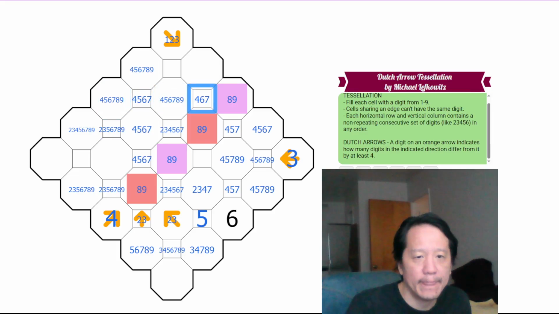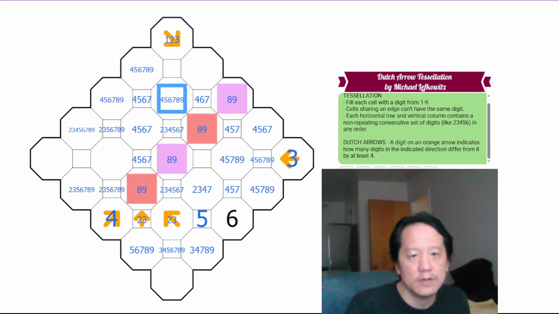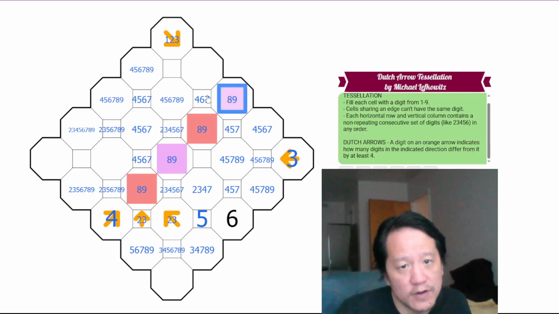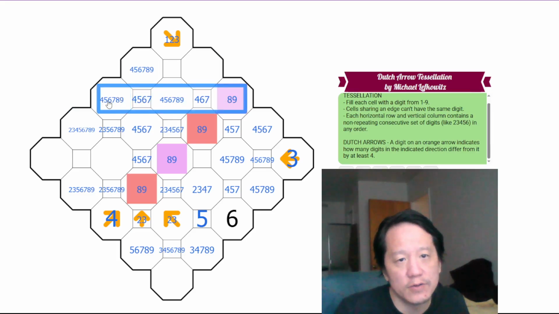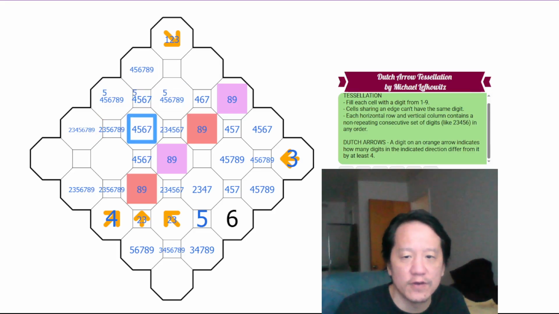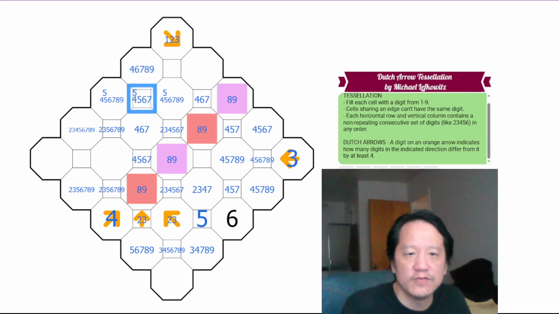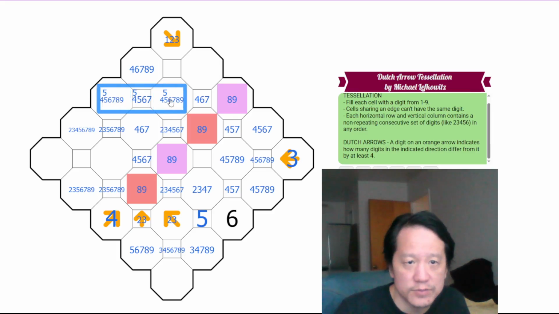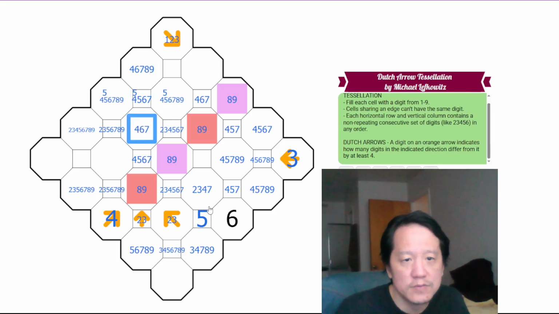5 can't be here. Okay, we need a 5 on this Renban, or this row. So this would be 5, which means none of this can be 5, and this can't be 5 here, because they all share an edge with these 3 cells. Both of these do.